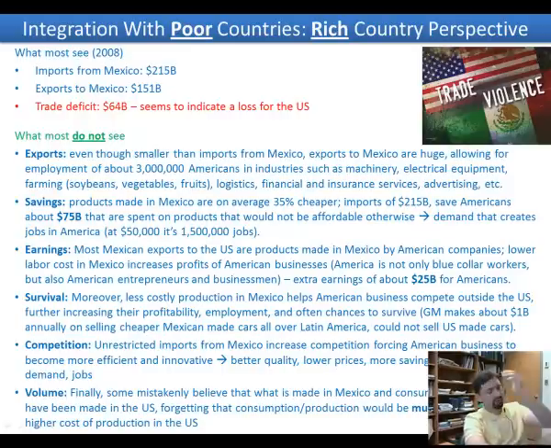Now, one very important thing many people don't see is that access to cheap Mexican labor is essential to the survival of many American companies. As you probably know, three years ago, Chrysler and GM went through the bankruptcy process, and Ford was very close to getting there.